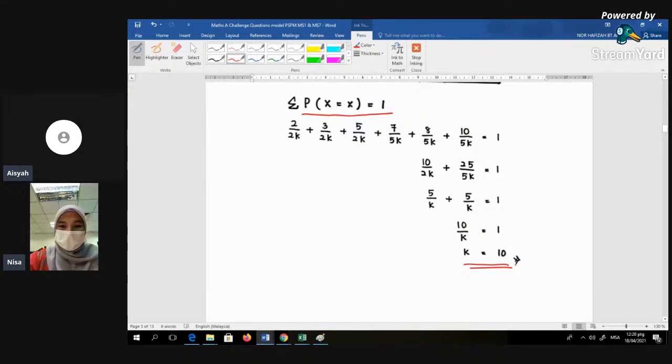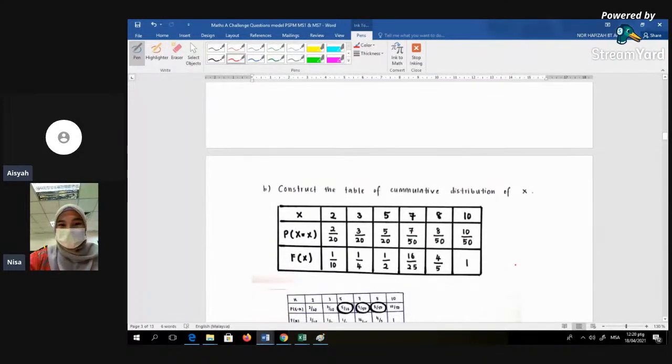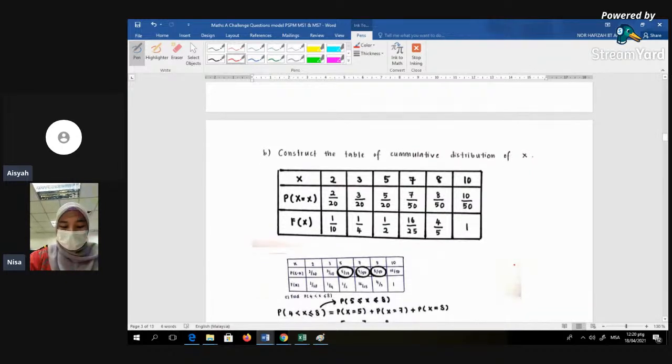For question B, just use the table as at A, but we need to add one more row, which is fx. Don't forget to substitute the k value on probability of x just now, which is k equal to 10.